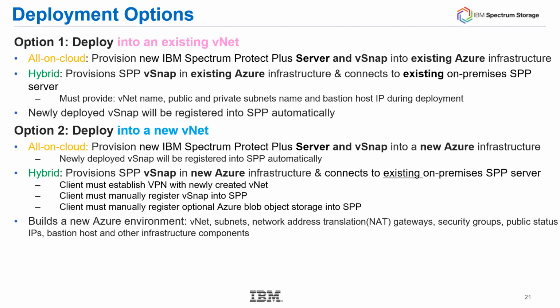But one thing to notice is that if you are deploying a new VNet into a hybrid environment, meaning your Spectrum Protect server already exists, this automatic deployment cannot automatically define the new vSnap to the on-premise Spectrum Protect Plus server, nor can we define the optional blob storage to the existing Spectrum Protect Plus server. So you'll have to wait until you've created a connection with your on-premise Spectrum Protect Plus server and the Azure, and then manually define in those two pieces.